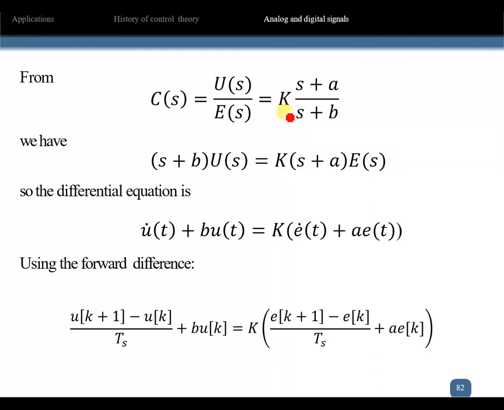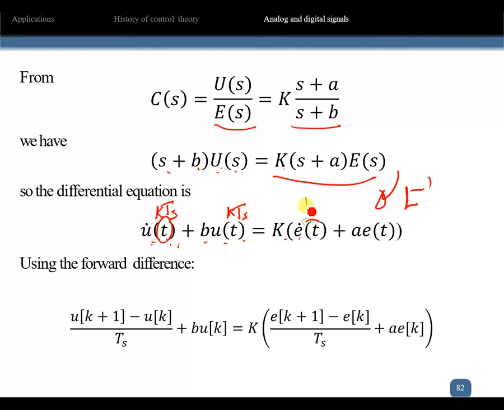First of all, very easily, the numerator here multiplies the denominator here, and the denominator here is multiplied by the numerator here. You can expand it. If you remember, s U(s) becomes u dot (t), b U(s) becomes b u(t), and K s E(s) becomes K e dot (t) plus K a e(t). That means I use the inverse Laplace to find the time domain. Now I substitute all of the t by kTs.